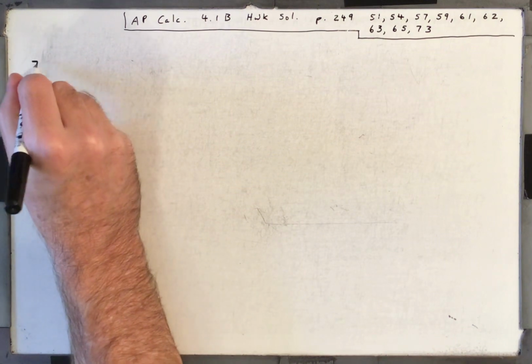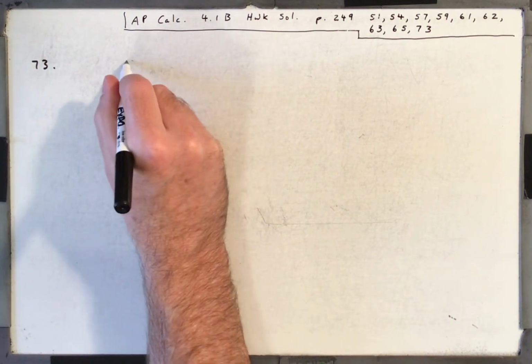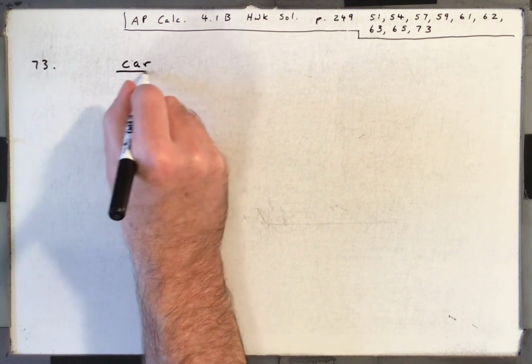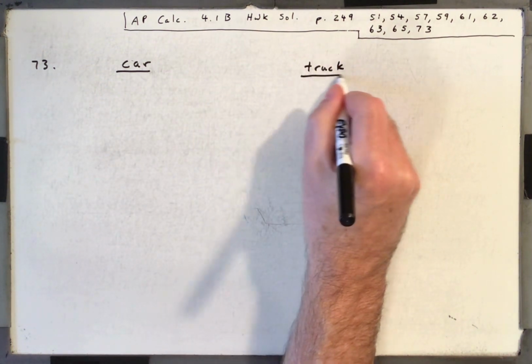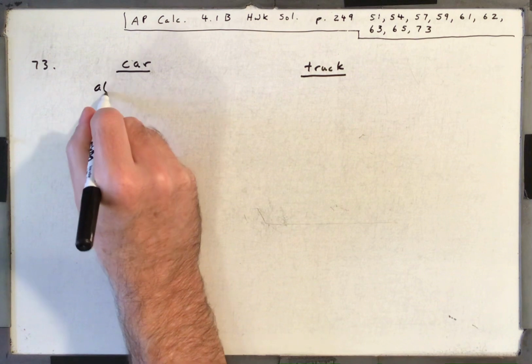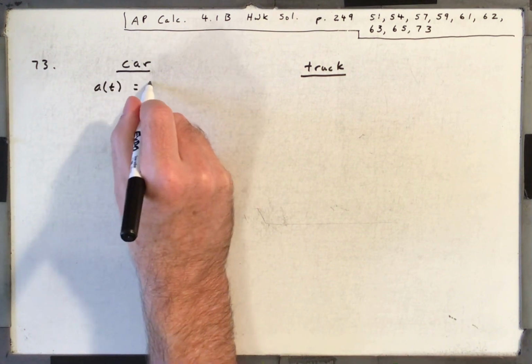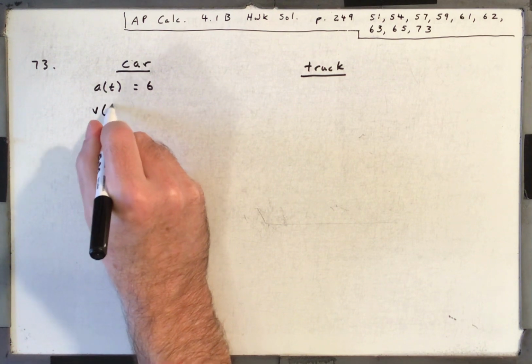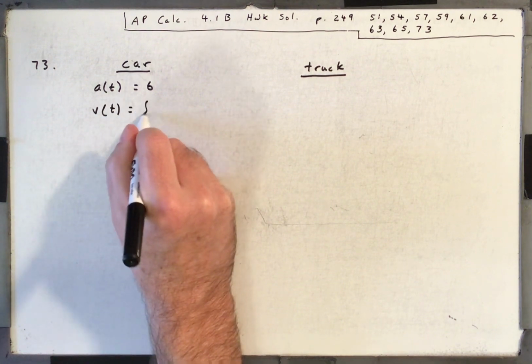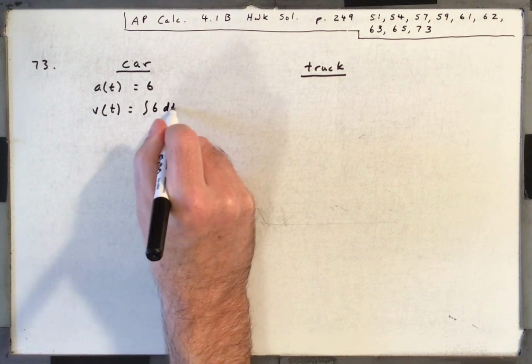Okay, so let's just make a little chart here. We've got the car and we've got the truck. So the car has an acceleration of 6. And then the velocity, we would integrate 6.